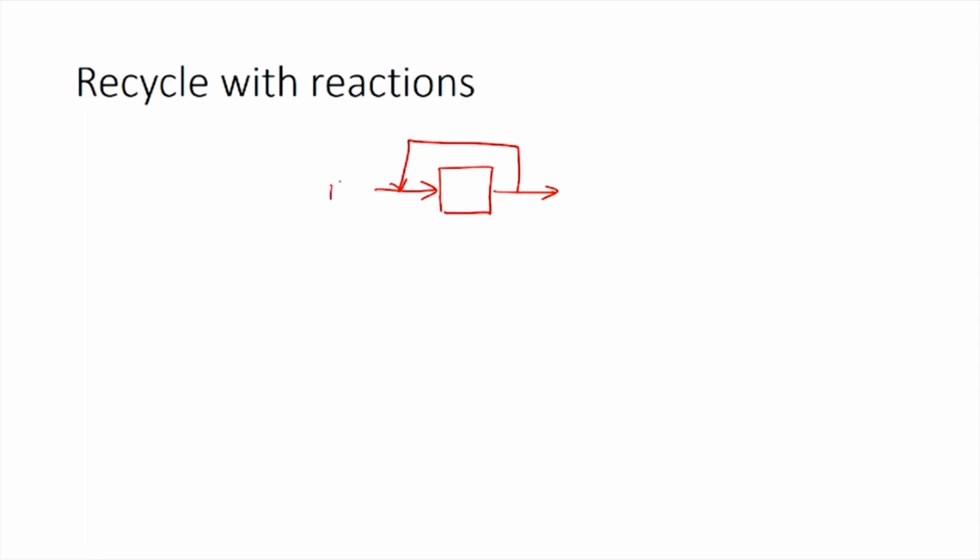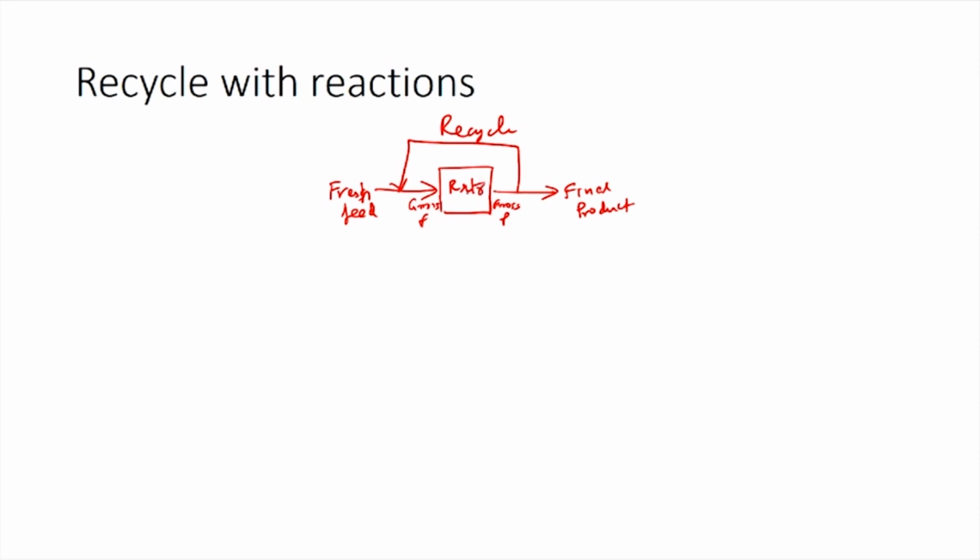So, what you have here is the fresh feed and this would be the gross feed, and again this would be the gross product, and this is the final product, and this stream is the recycle. So, this is a standard flow sheet for any process with recycle. In this case we are assuming a reaction to happen, which means this would be a reactor.